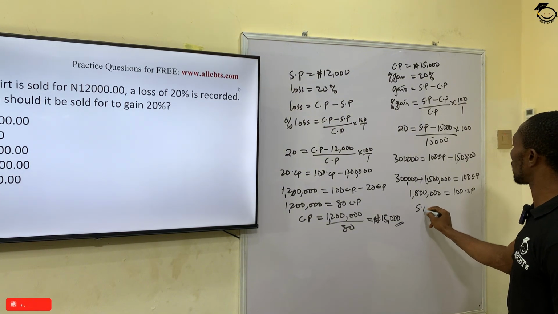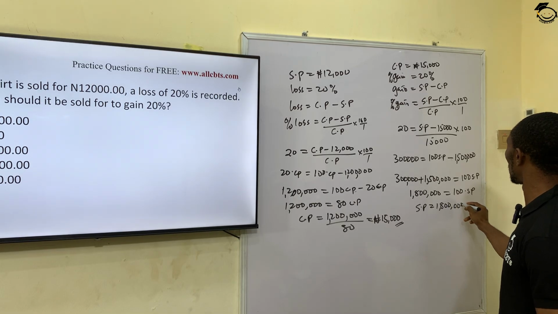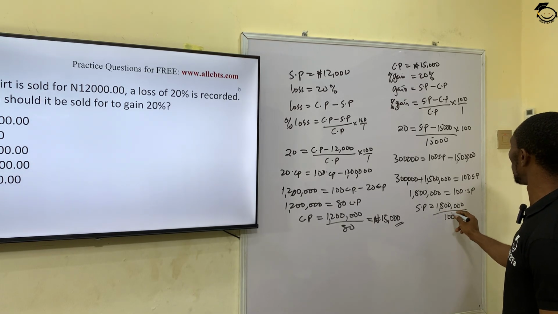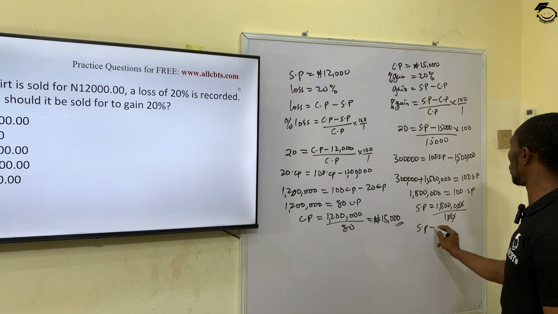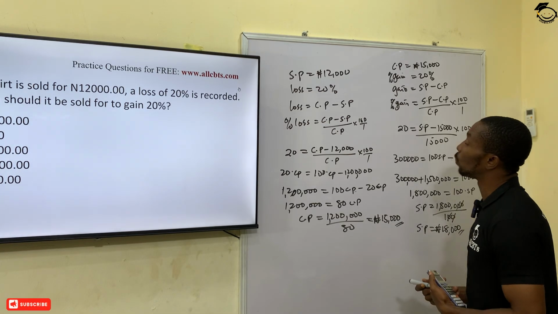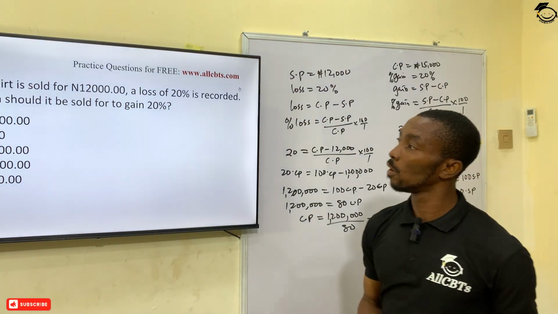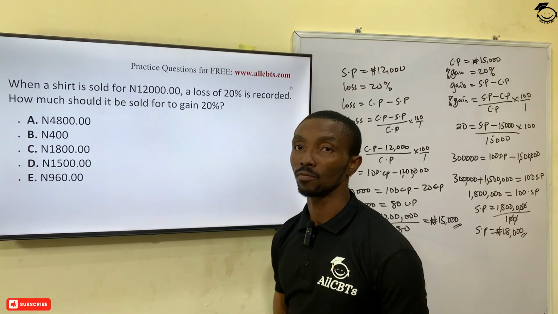So selling price would be 1.8 divided by 100. 0 cancels 0, leaving us with selling price would be 18,000. So we have to sell the shirt for 18,000 to make 20% gain.